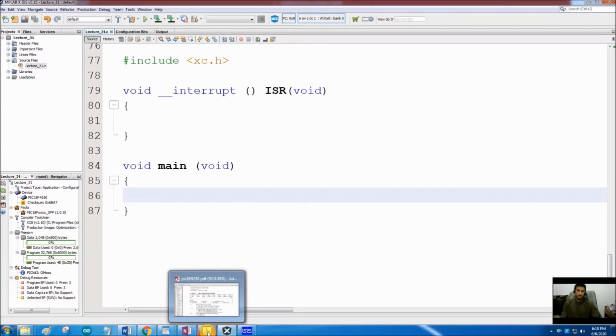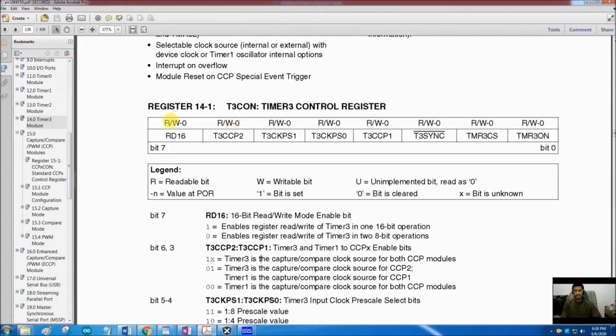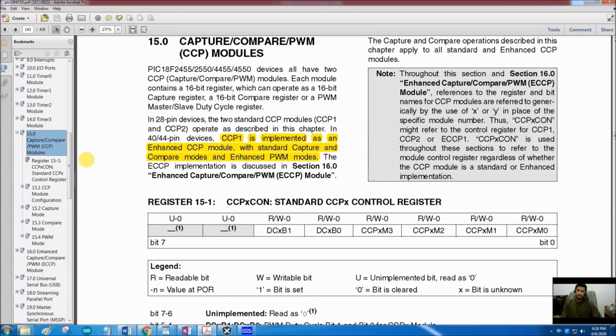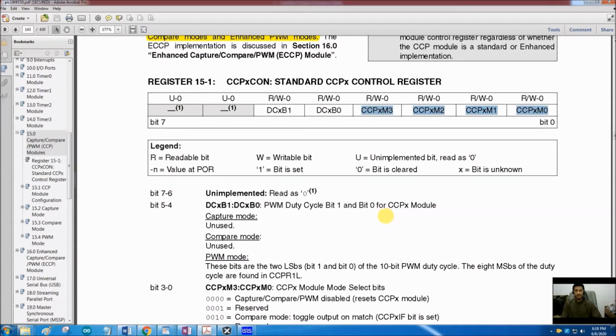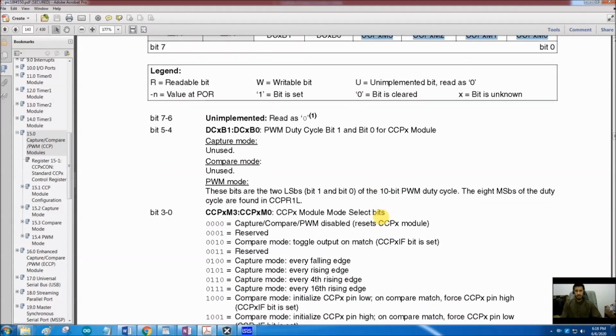So we are going to use CCP1 in capture mode. Let's see what we have to do to configure CCP1 in capture mode. We will use the CCP1CON register. As we are not using the PWM mode for now, the first 4 bits, the MSBs, will be 0. Then from the other 4 bits we will select which mode we are going to use.